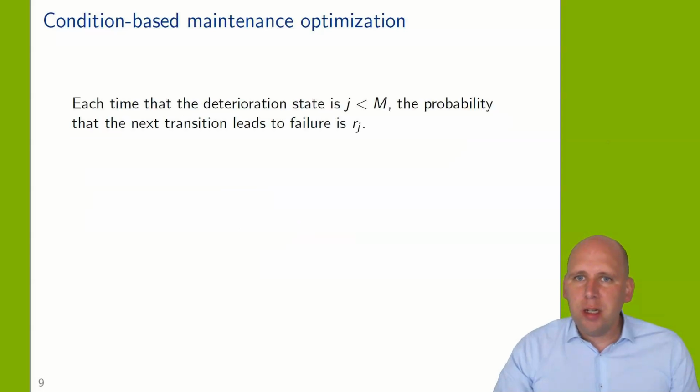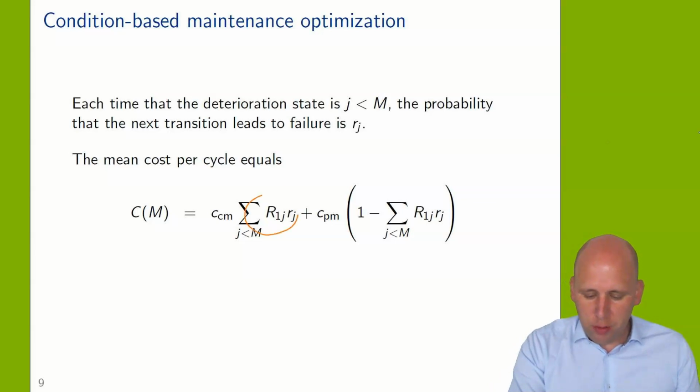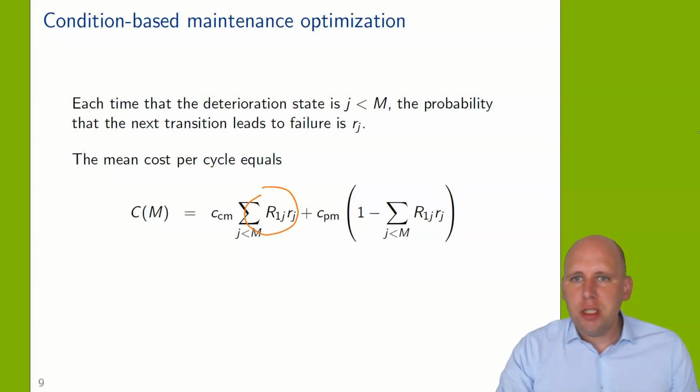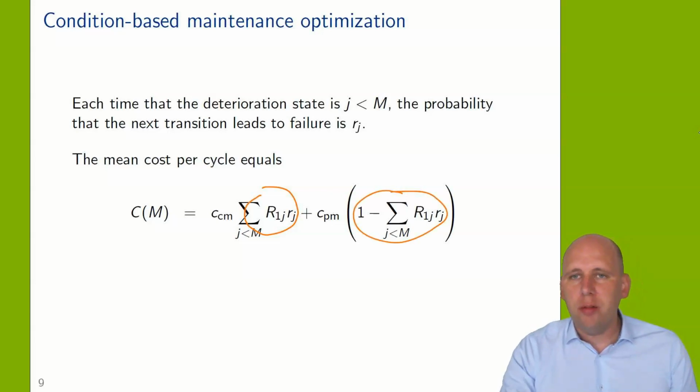Each time that we are in a state, there is a probability of failure small r j, and that gives us then the mean cost per cycle. So we have here the probability of failure that is multiplied by CCM, and 1 minus that probability is the probability that we don't have failure, and that is multiplied by the preventive maintenance cost.